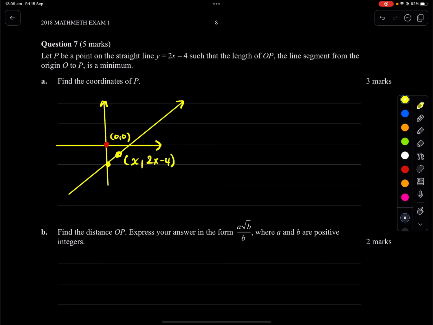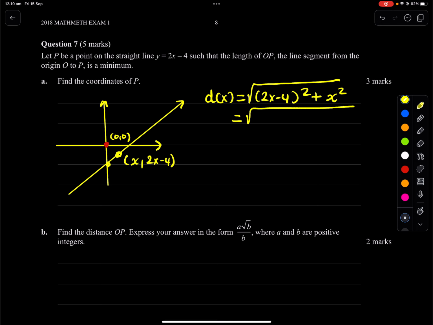Well, now at least we have 2 points, so we can say that the distance in terms of x is the square root of 2x minus 4, minus 0 squared, plus x minus 0 squared, so it's x squared, which is equal to 4x squared minus 16x plus 16 plus x squared.